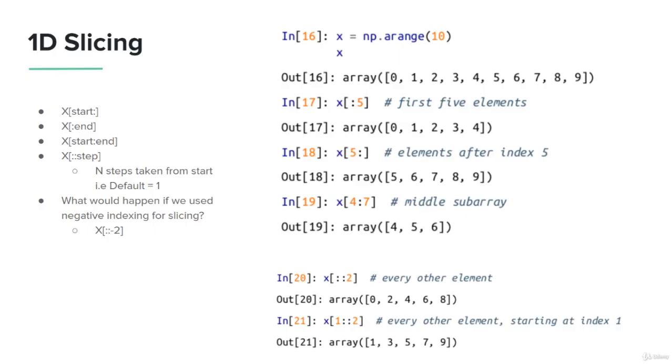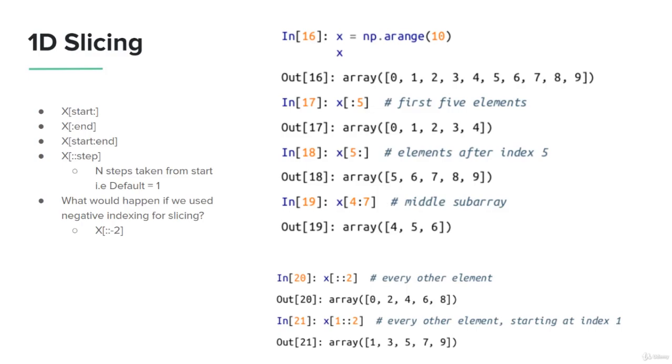Before we hop onto the code on the right side, we're going to talk about the slicing types. The first one is x[start:end]. The start tells us where to start, the first index, and the end gives the ending index of the array.